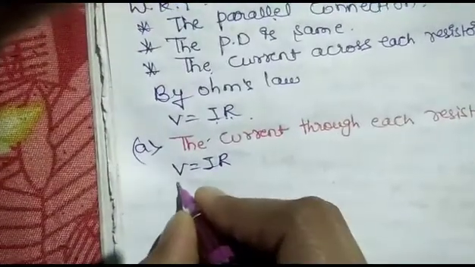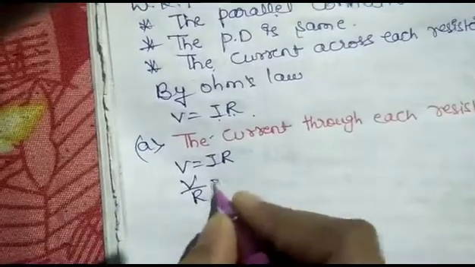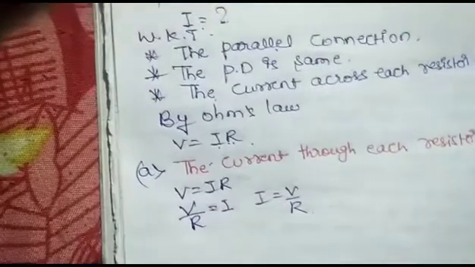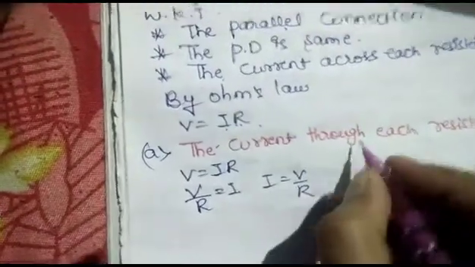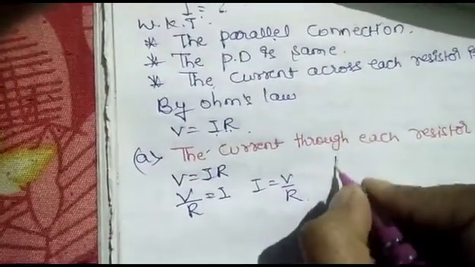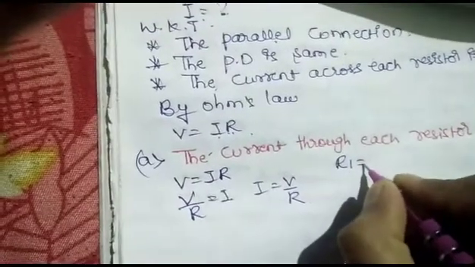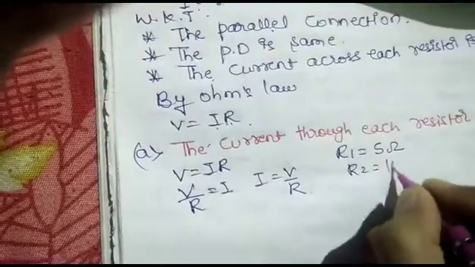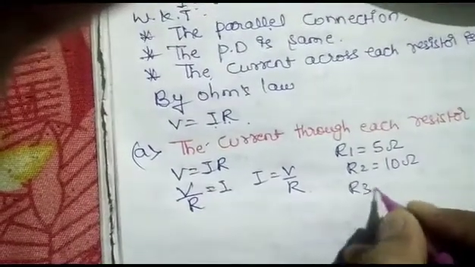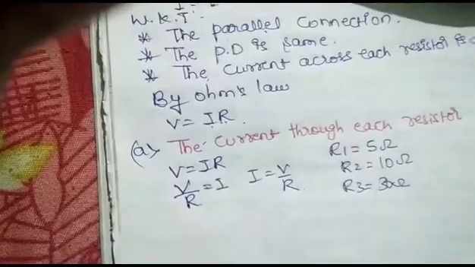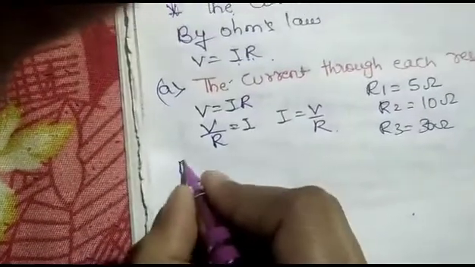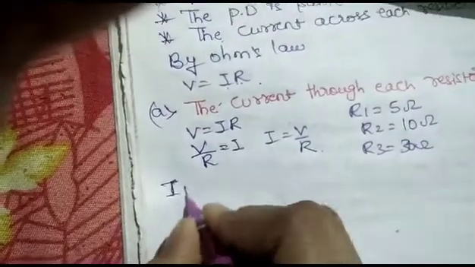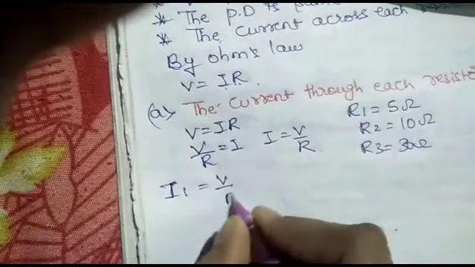So V by R equal I, or I equal V by R. We know the values of V and R: R1 is 5 ohm, R2 is 10 ohm, and R3 is 30 ohm. Putting the values here, for the first one, I1 equals V divided by R1.